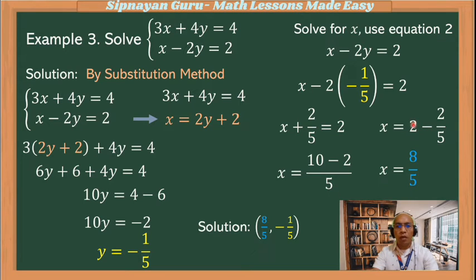So cross multiply, 2 times 5 is 10. Then minus, this is 1. So 2 times 1 is 2. Further simplification, 10 minus 2 is 8. Then we just copy 5. So the value of x is 8 over 5. So therefore, the solution is 8 over 5 and negative 1 over 5.